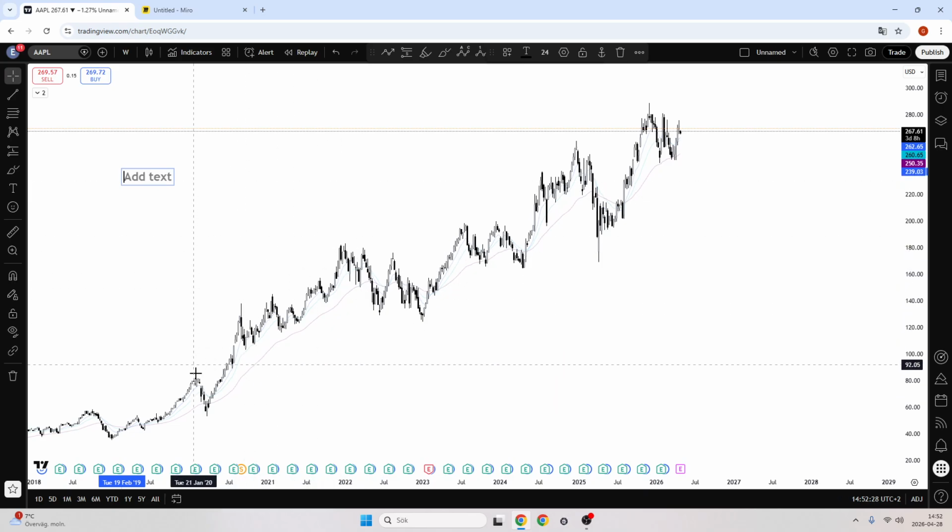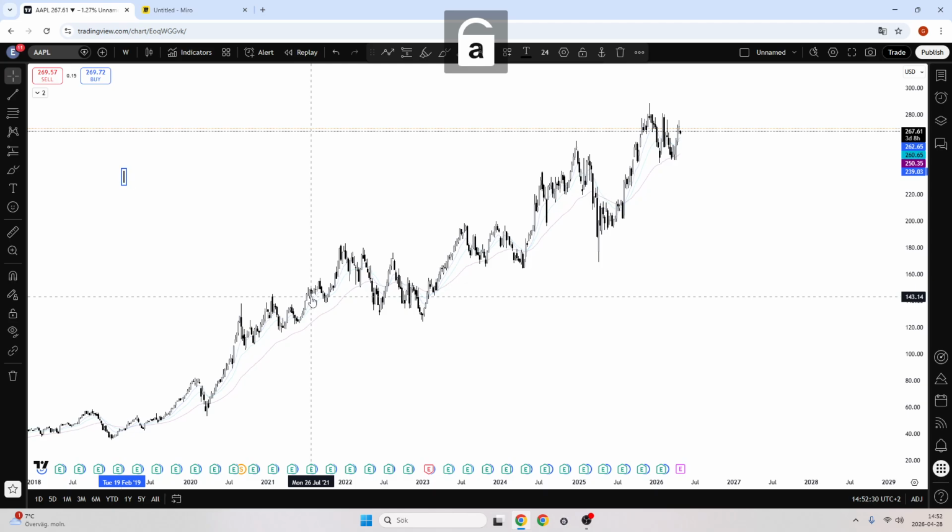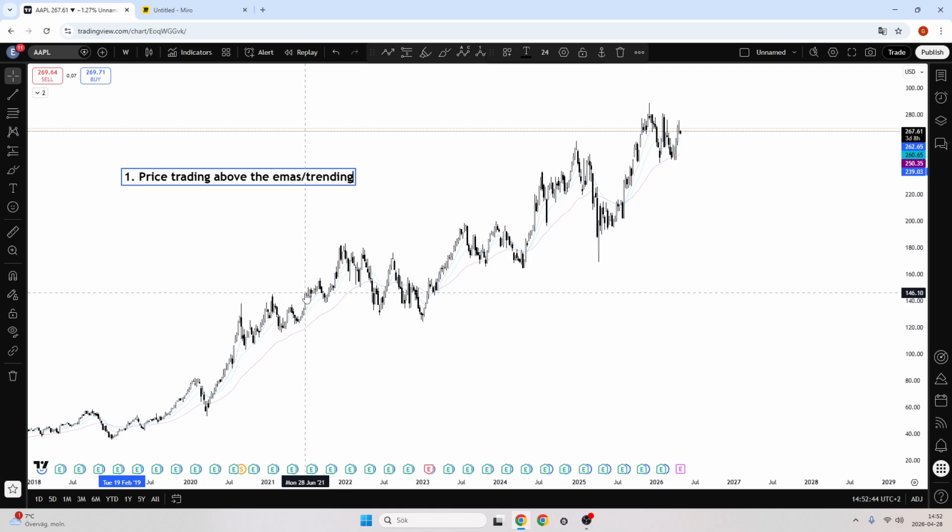So what we see right here on the left is price. Let's do it like this. Price trading above the EMAs. Basically trending, creating higher highs and higher lows, right?